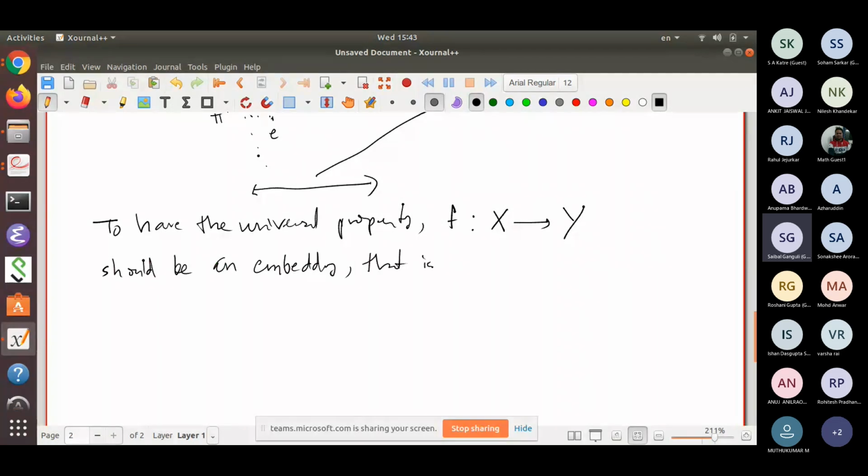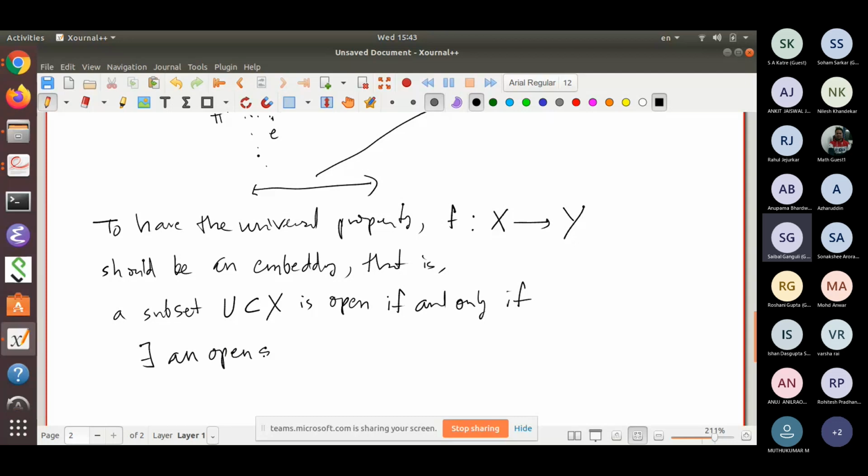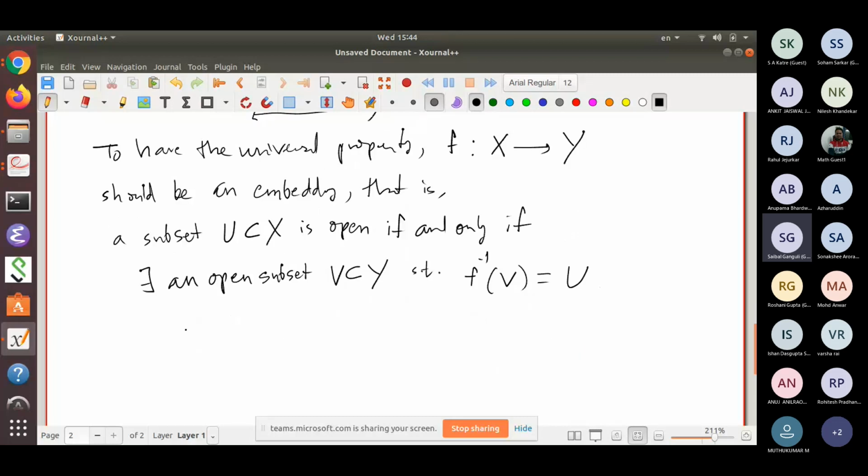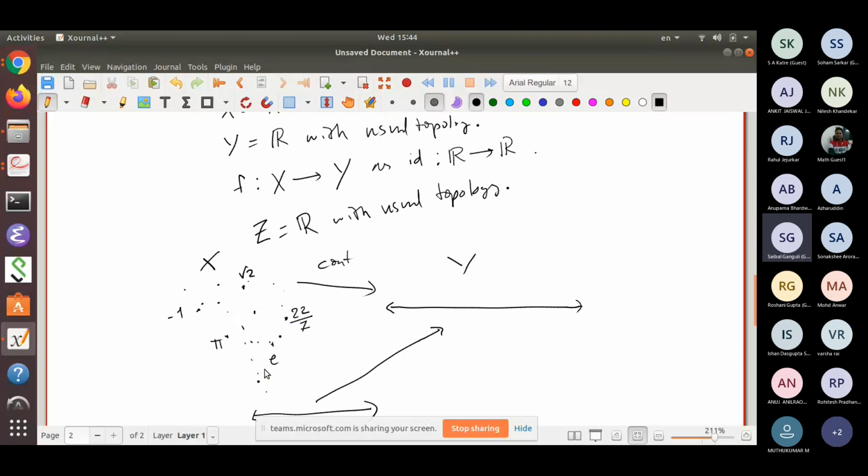That is, a subset U in X is open if and only if there exists an open subset V in Y such that f inverse V is equal to U. This is the property. Once this is there, the factorization will be continuous.